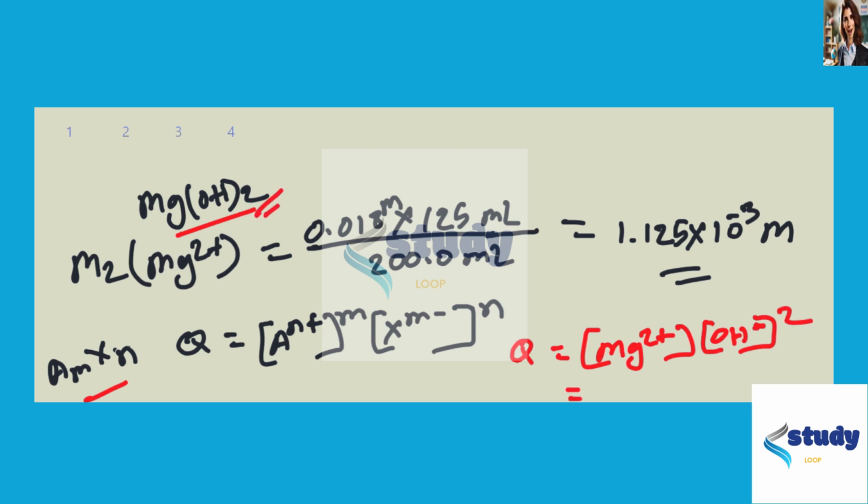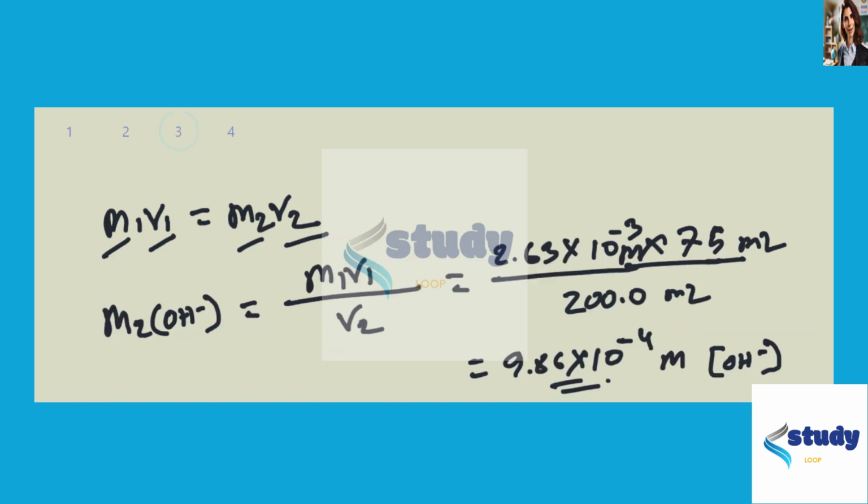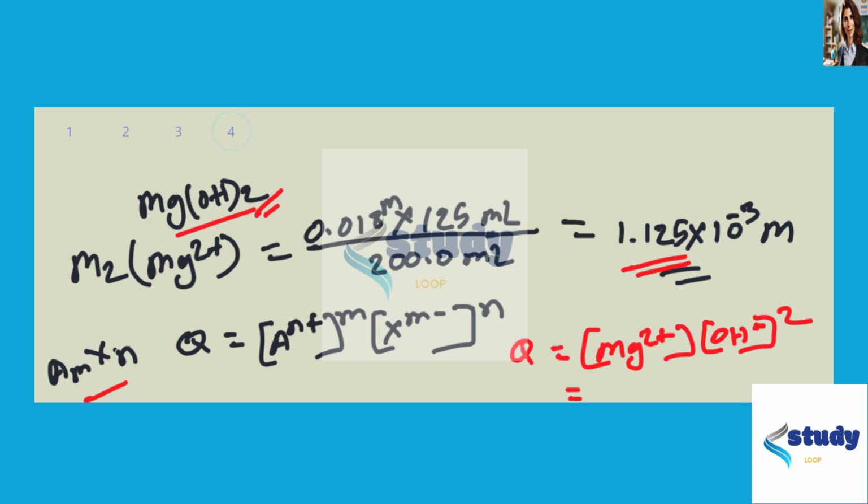If we put the final concentration values of magnesium and hydroxide ion in this formula, we will have a reaction quotient value of 1.1 times 10 to the power minus 19.